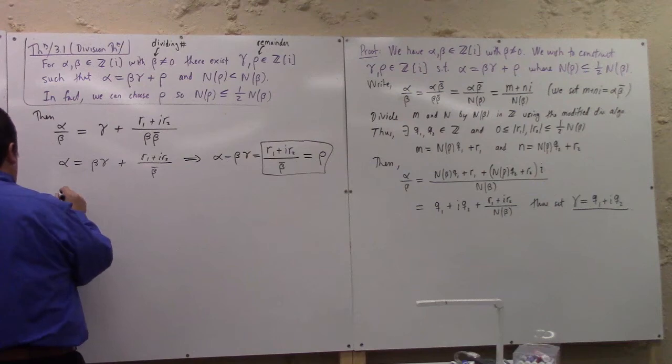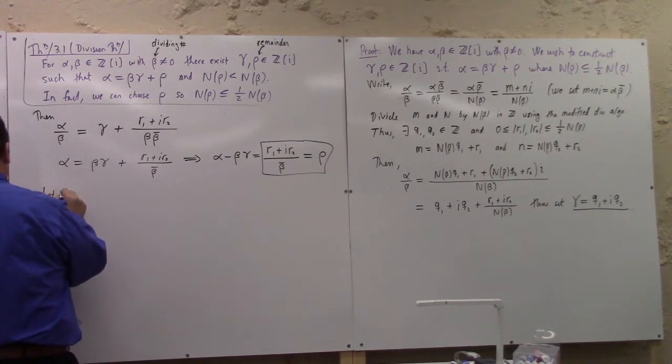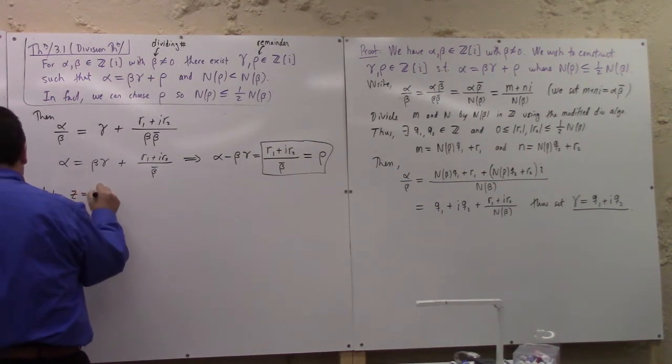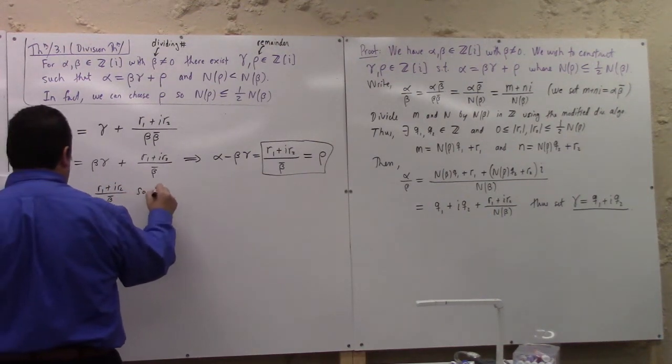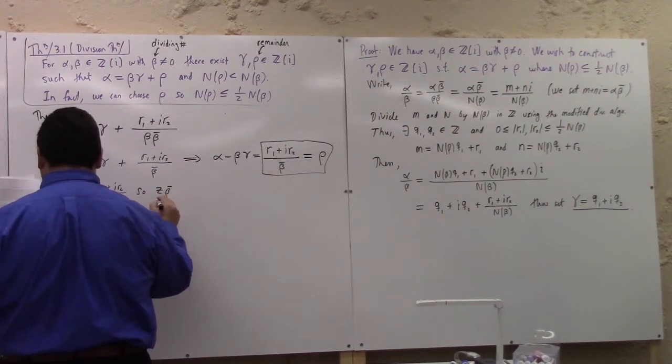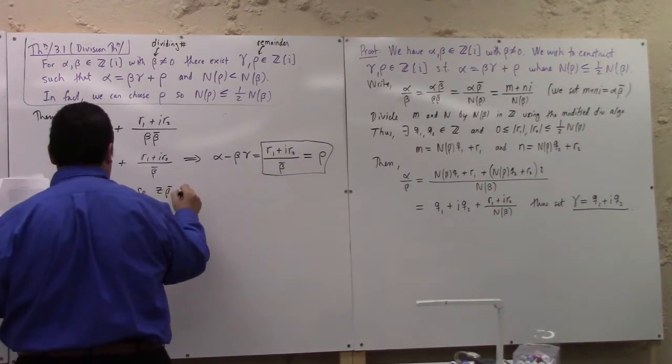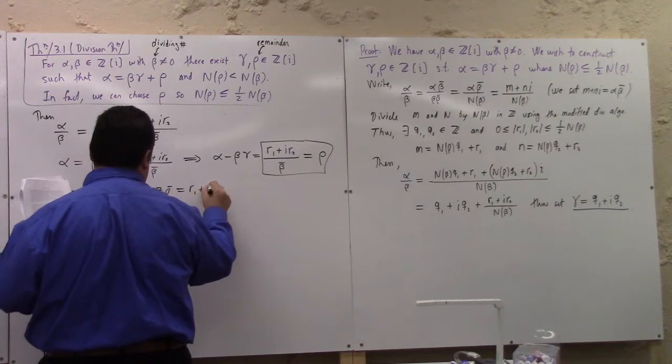He says let z equal R1 plus iR2 divided by beta bar. So z beta bar equals R1 plus iR2, okay.